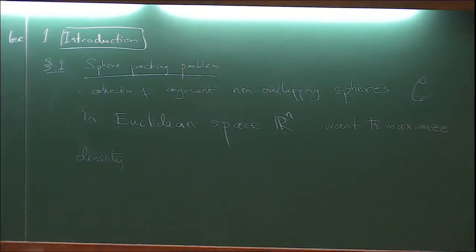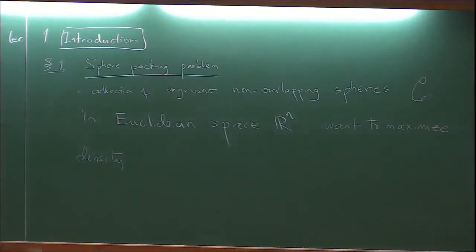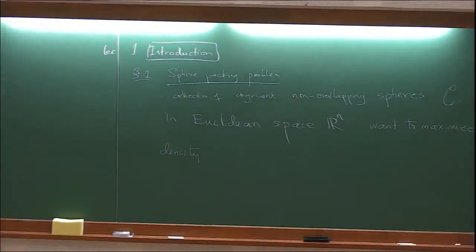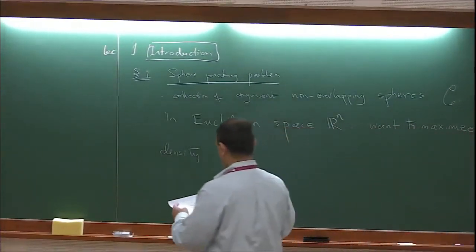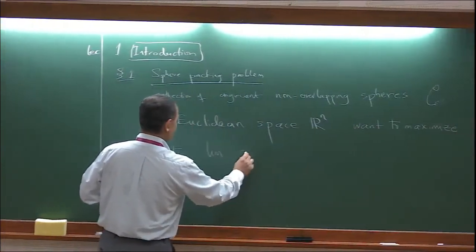which you can roughly define as follows. You have an arbitrary collection of spheres, and intuitively, what is the density of these? By spheres I don't just mean the surface of the sphere, I mean the whole ball that's contained in the sphere. So you want to maximize the fraction of space that is covered by the spheres, and you can give a formal definition.